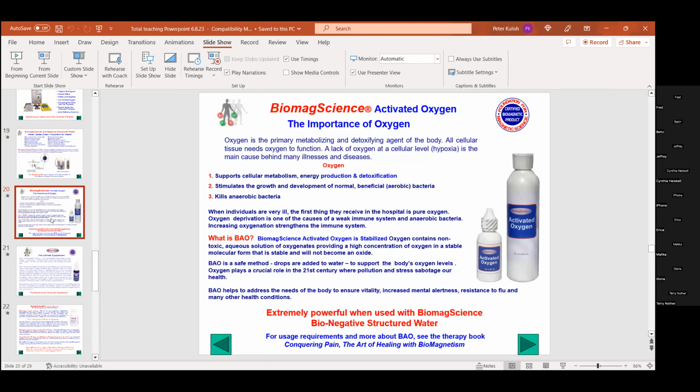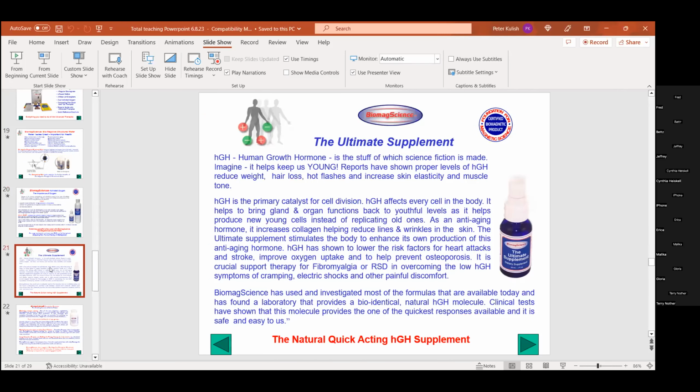And we always have some oxygen. You never know when you need oxygen. You need to pump up the system with oxygen, or you need it topically. It's real important for those people who are interested in HGH. We've got a good one here.